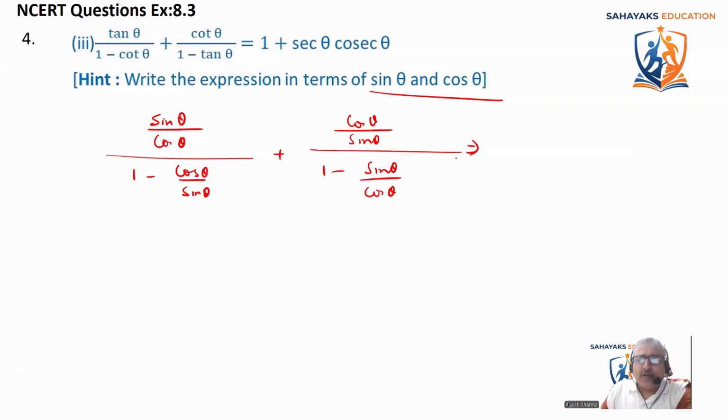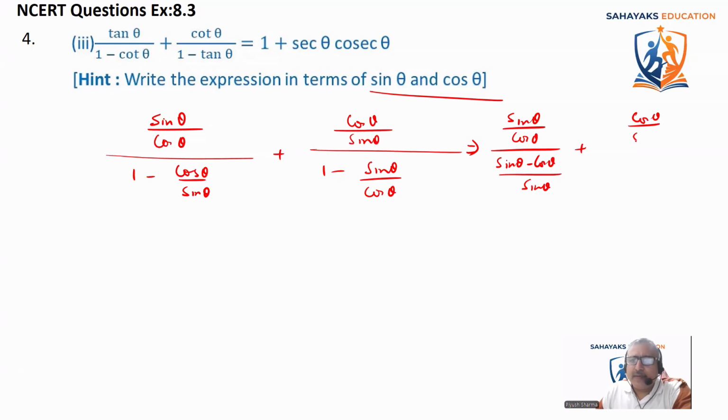So what does it give? It becomes sine theta by cos theta divided by (sine theta minus cos theta) by sine theta, plus cos theta by sine theta divided by (cos theta minus sine theta) by cos theta.